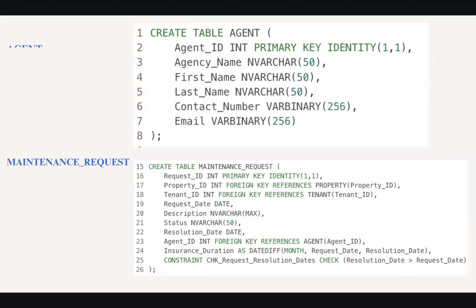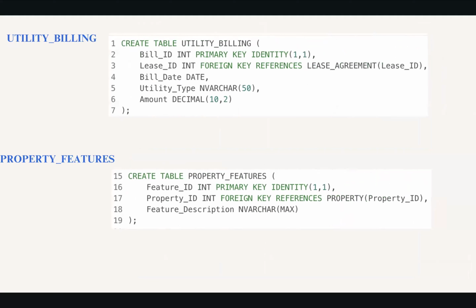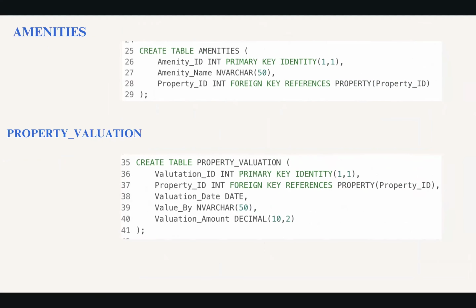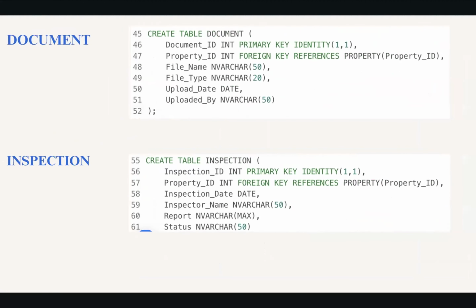Next slide. Utility billing logs the expenses related to the utilities, and property features and amenities tables detail the attributes that enhance property value, and property valuation keeps the records of assessed property values. Next slide.